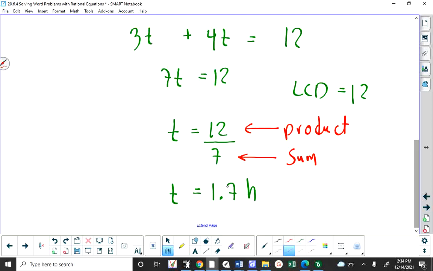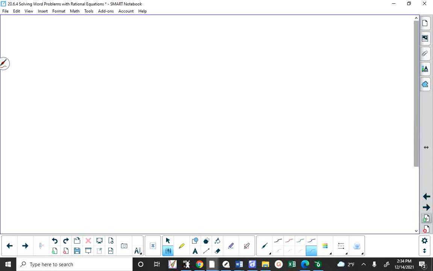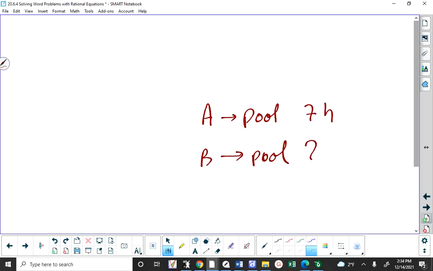So if I told you that source A could fill the pool in 7 hours, source B could fill the pool in 2 hours, how long would it take for them both to do it? The answer would be 14 over 9. It's very quick. But it's a classic kind of question that you see on an exam, and a shortcut is the way to go. This is the only one where there's really a shortcut.